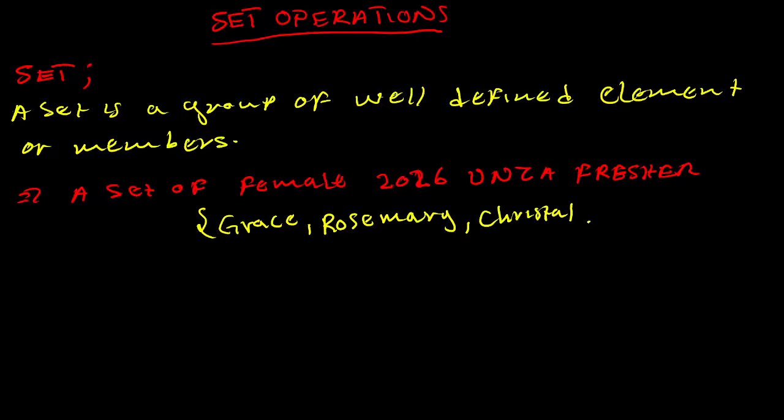Who else can I mention here? Louis, Glory, etc. In this set it is well defined. We are talking about female. You can't put Joseph or Augustino here, because this is a set of well defined elements.